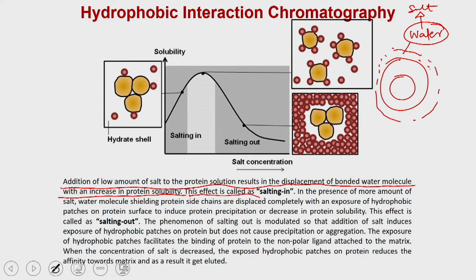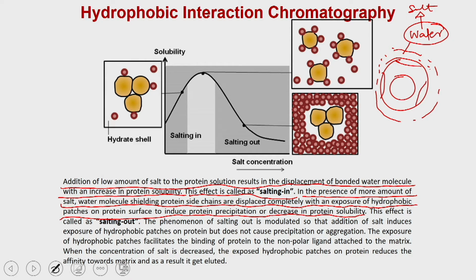This effect of increasing the solubility by adding a small amount of salt is called salting in. But if you increase the amount of salt further, the water molecules shielding the protein side chains are displaced completely, exposing the hydrophobic patches on the protein surface, which induces protein precipitation or a decrease in solubility.